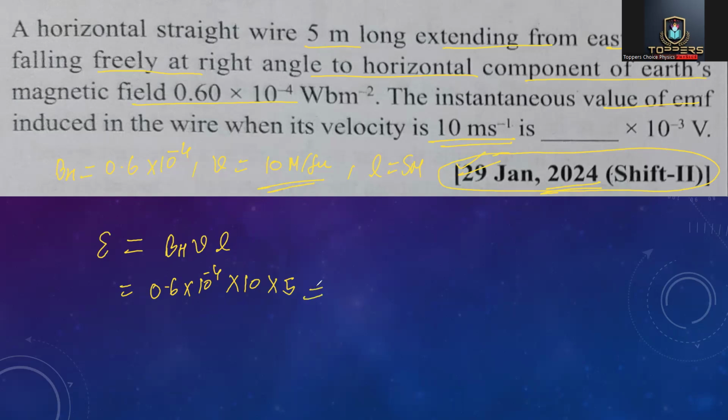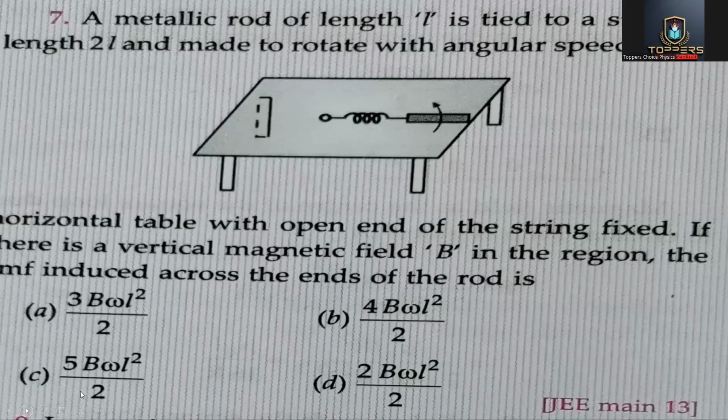By solving this, you will be getting 3 into 10 to power -3 volt. That's it. Correct? So this is an easy topic, but an important one. Look at the next question.